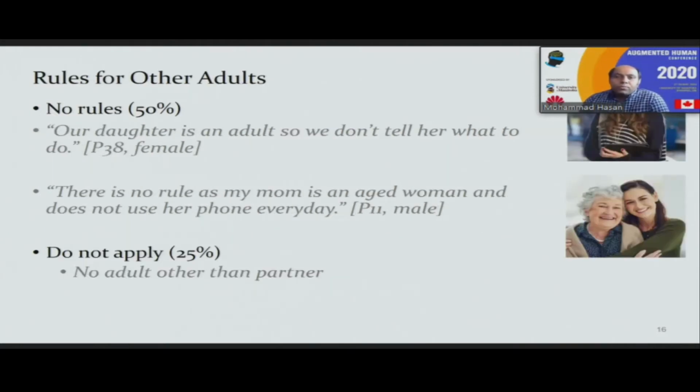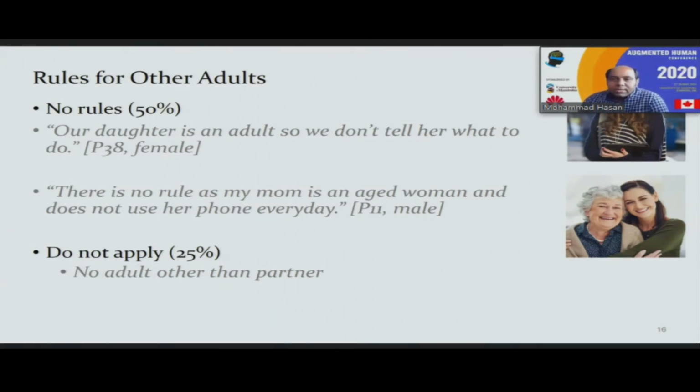We next move to the older adult section, where we asked specifically whether they have any rules for their family members except for their partner and child. So that means any adult living in the household aged 18 years and older. We found that 50% of the participants mentioned that they do not have any rules for other adults in the household.